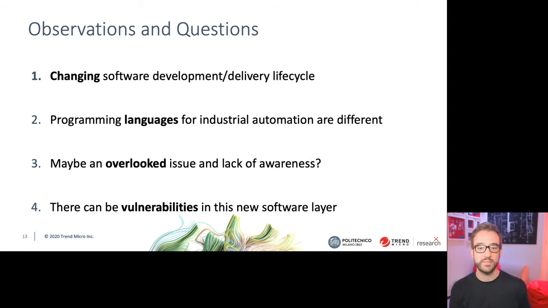Then we discovered that this is maybe an overlooked issue, because looking at the comment that that developer left on the web server, it really shows that developers do not consider the possibility of having an active attacker on the network. And overall, another question is: are there other vulnerabilities that can happen in the automation software that is running on top of the regular software stack on industrial machines?